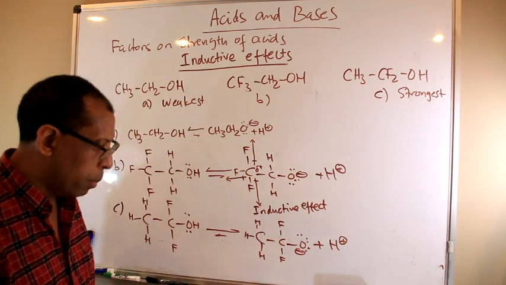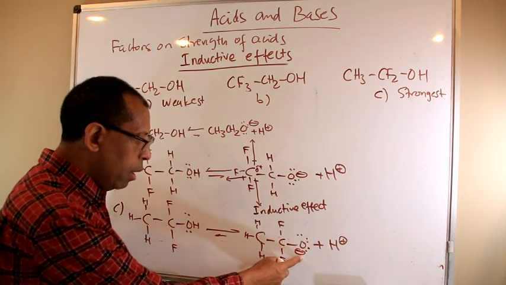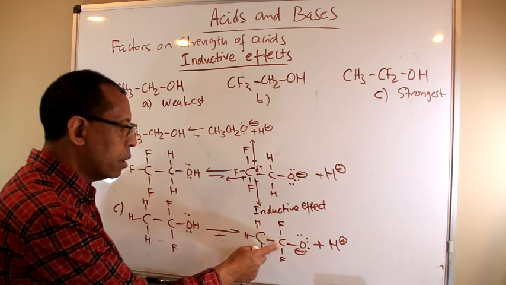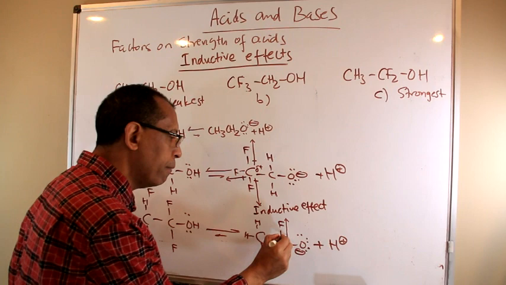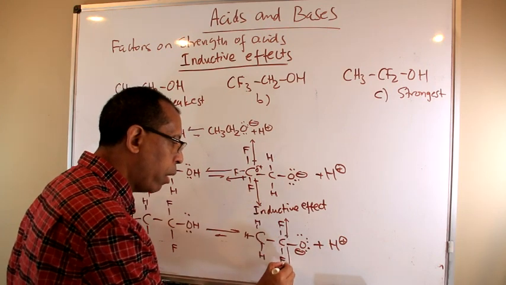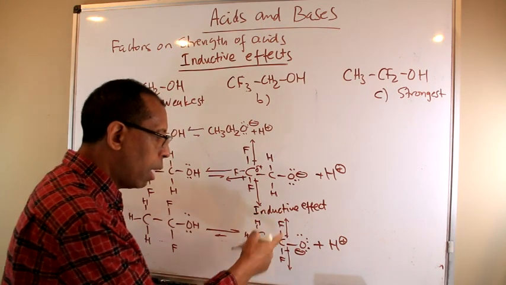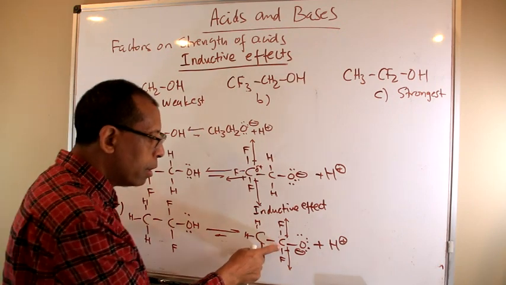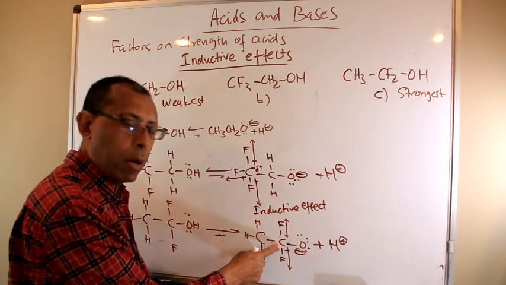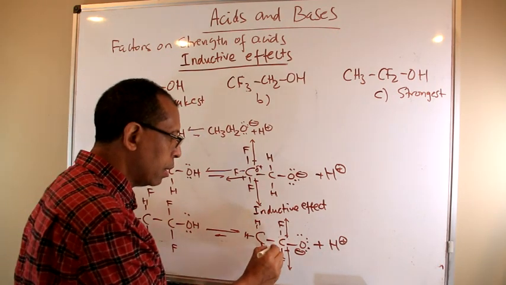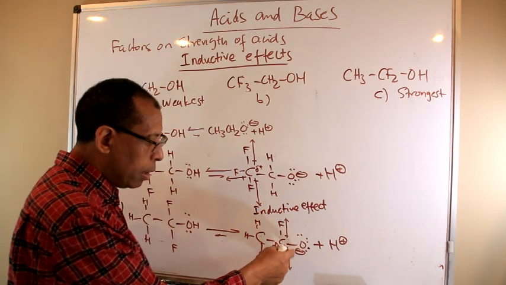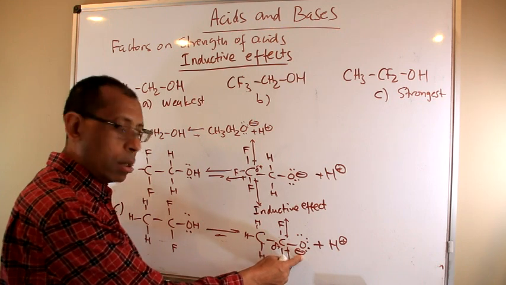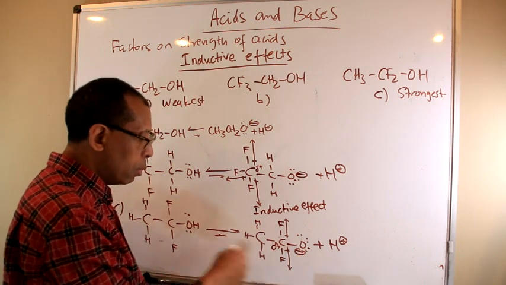So in the conjugate base, the negative charge is very close to this carbon, but this carbon is affected by fluorine very significantly, taking away its electron density. So this is significantly electropositive, that means sigma plus. The sigma plus neutralizes the negative charge generated by the dissociation.